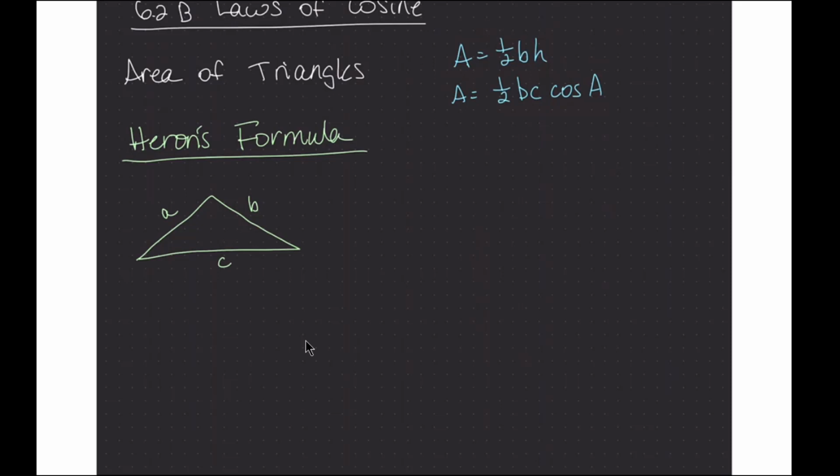Perimeter would be the distance all the way around the triangle, so the perimeter would be A plus B plus C. He took half of the perimeter, so he came up with a variable S, and S is just 1/2 of the perimeter. In other words, S equals 1/2 of A plus B plus C. Picking up on what I'm laying down?